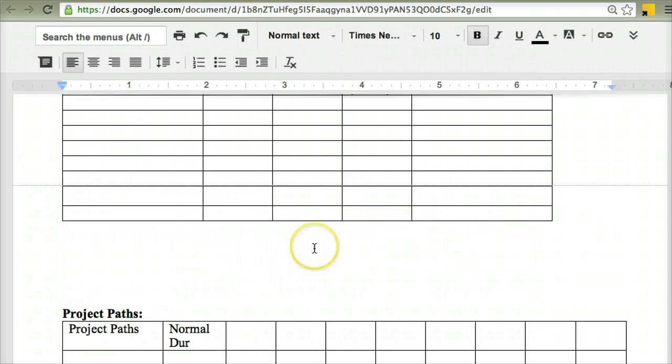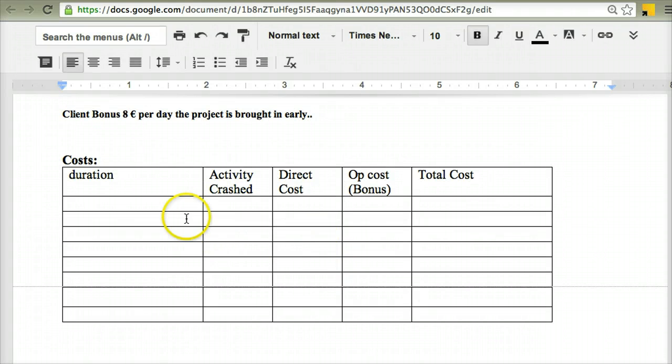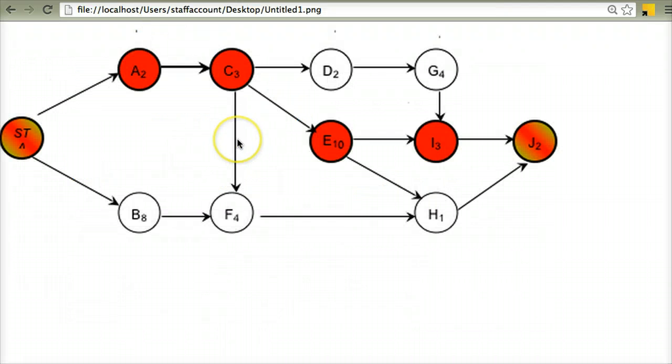To give you an example of how to keep track of my costs, I'm going to fill in the first line straight away, for the normal duration before I've crashed any of the different activities. The normal duration of the overall project, based on the critical path highlighted in red, is the sum of all the activity durations on the critical path. That is the overall duration of any project that you have.